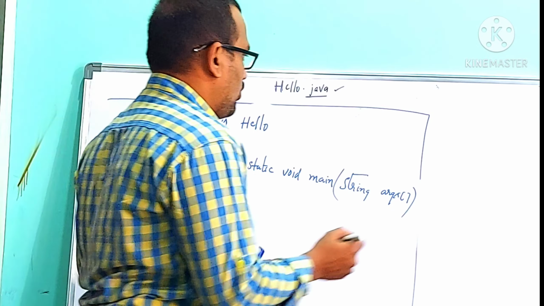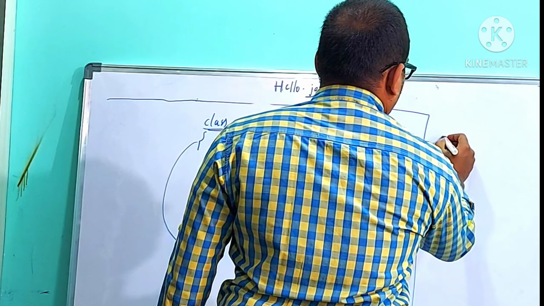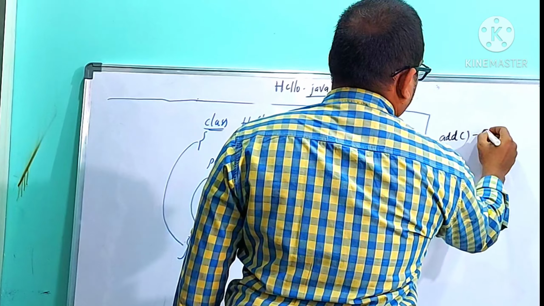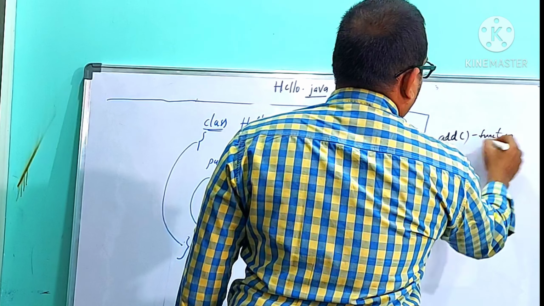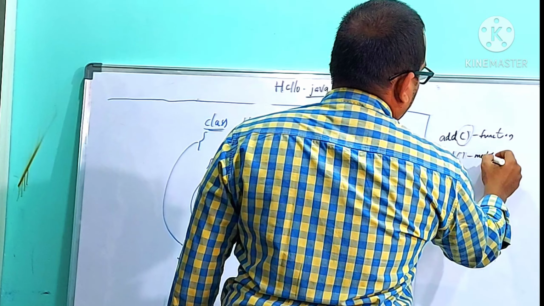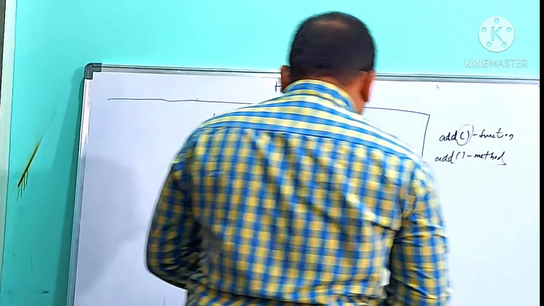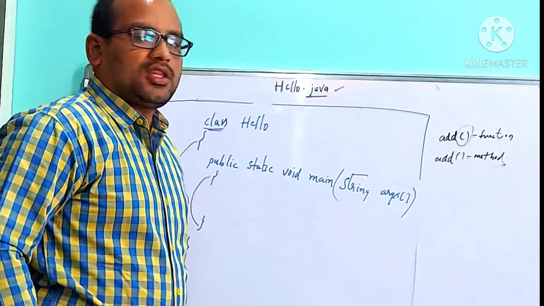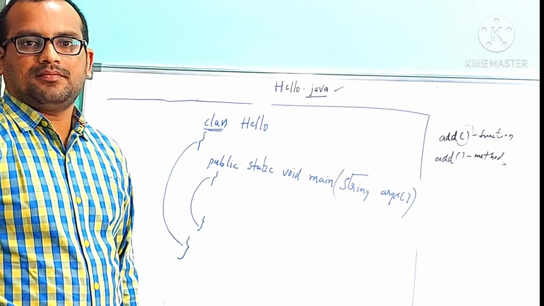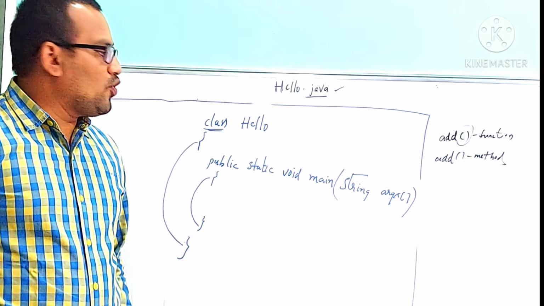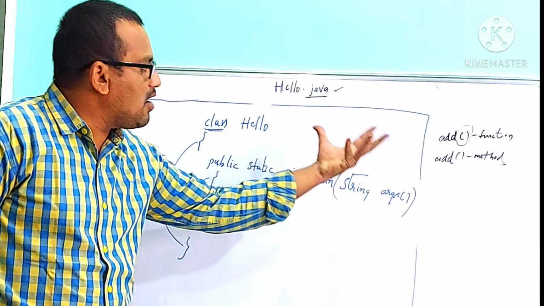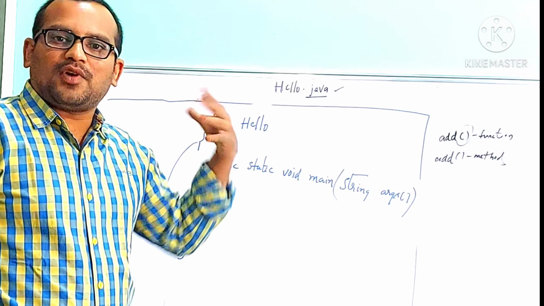Suppose, for example, add function, because it contains function brackets. Add method. So what is the difference between function and method? I am telling you both are same. If you write a function, it may be main function, it may be add function, it may be any function.